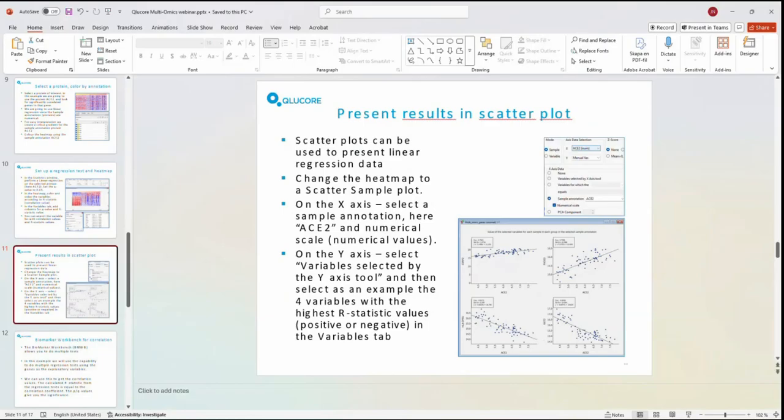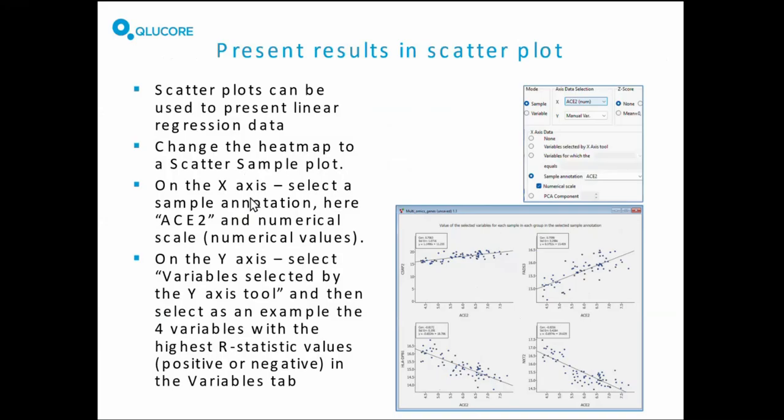One thing that I can mention also is that if you would like to have the information presented in another way, you can set up a scatter plot, a scatter sample plot here, and then you can, for instance, select the ACE2 protein here and those genes that correlate best to it, both from a positive correlation and a negative correlation.